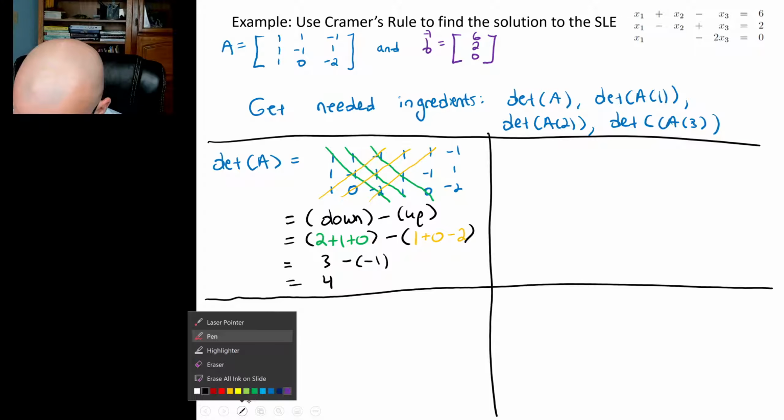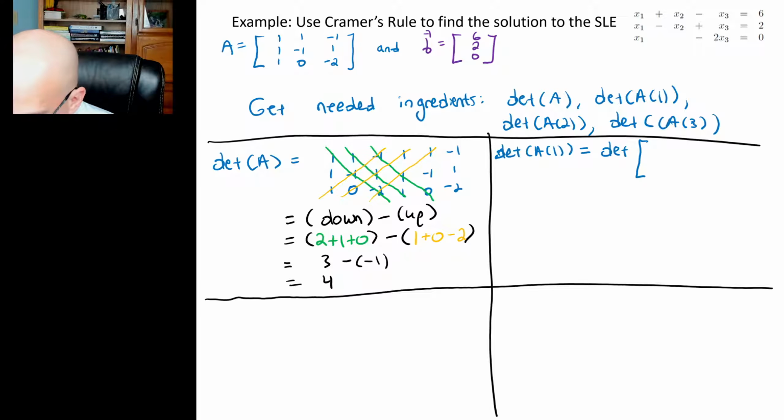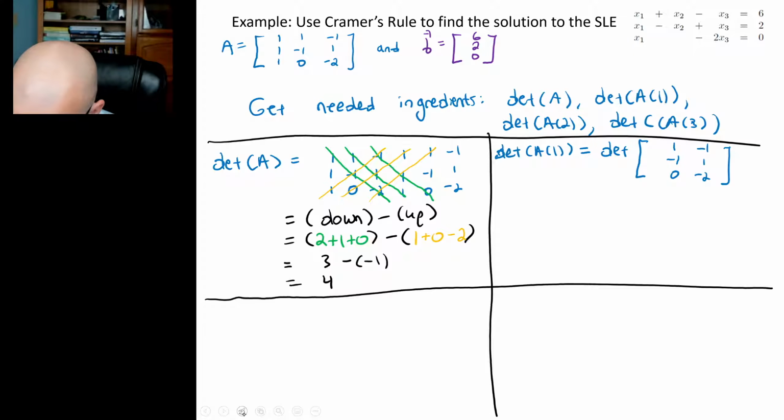We're going to need the determinant of the replacement matrix A1 next. So that'll be the determinant of A1 is equal to the determinant of 1, negative 1, 0, negative 1, 1, negative 2, and then replace the first column with 6, 2, 0.